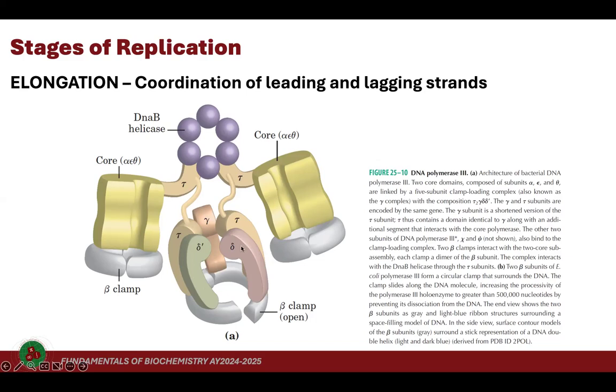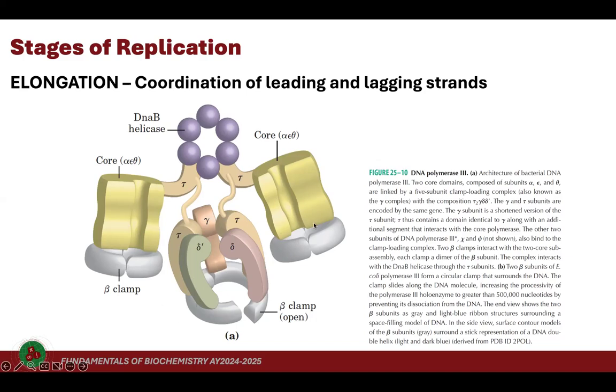Okay? So part of your DNA polymerase complex is what we call the beta clamp. So the beta clamp is the one that holds on to the template strand as the polymerase does its thing. Okay, so as you can see in this diagram, you can count 3 beta clamps.